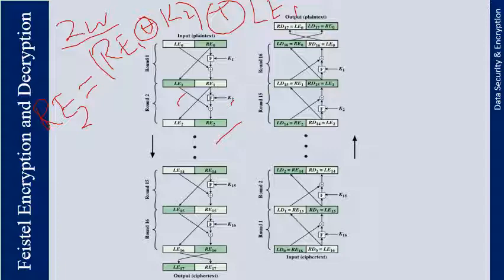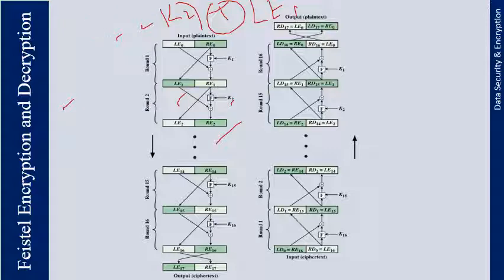So in this case, 16 rounds are used, and each round is based on the same process. However, you can use any number of rounds for such structure. However, all rounds have the same structure.